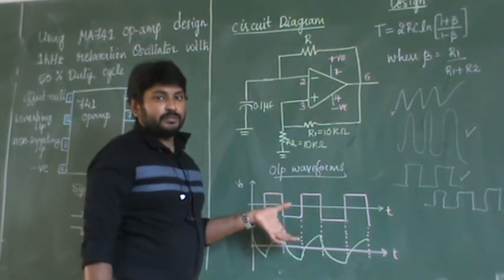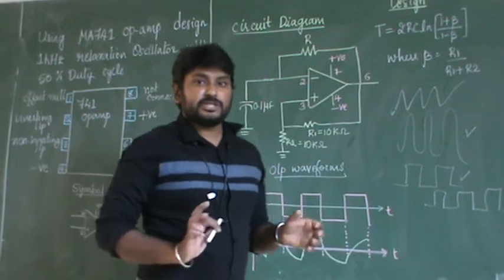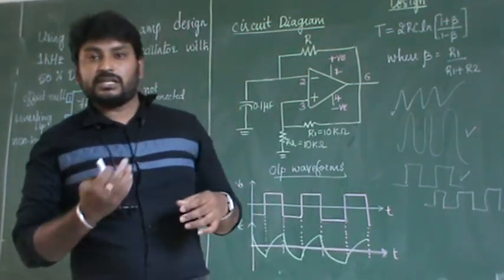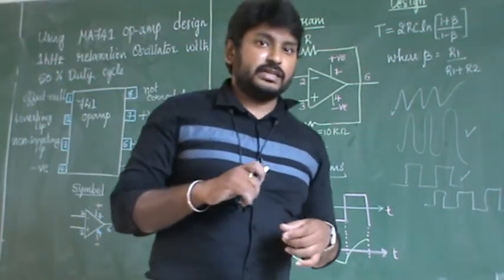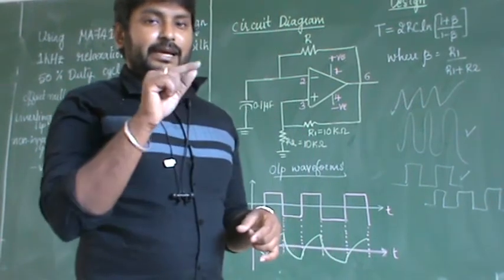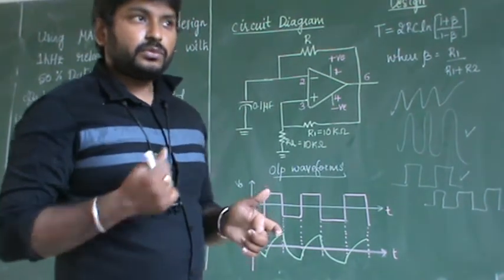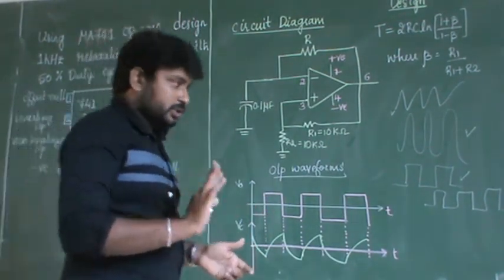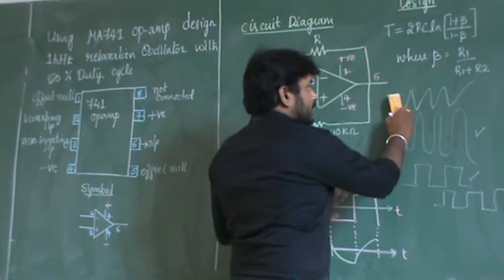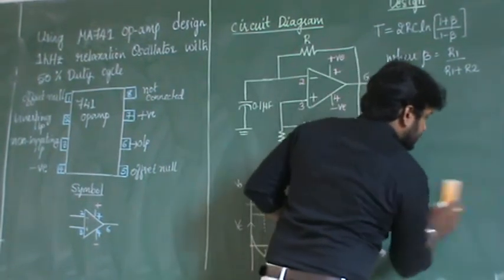The output waveform that is coming from your relaxation oscillator, what type of oscillation are you getting? You will be getting a free running, which means continuously running square wave or square oscillation. Understood? So I hope you have understood what is meant by a relaxation oscillator.